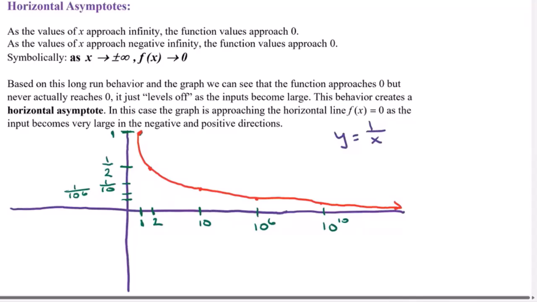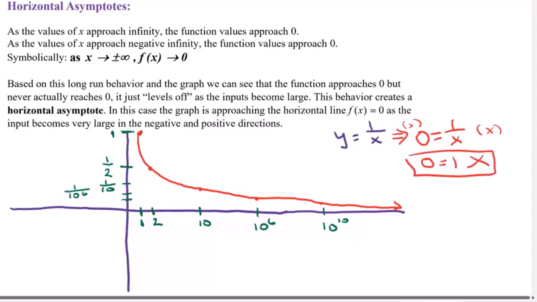Well, can y ever be 0? Let's see. If y equals 0, that's 0 equals 1 over x. Well, we can multiply both sides by x. X times 0 is still 0. I get 0 equals 1. Obviously, no. We can never make y equal 0 by changing x.